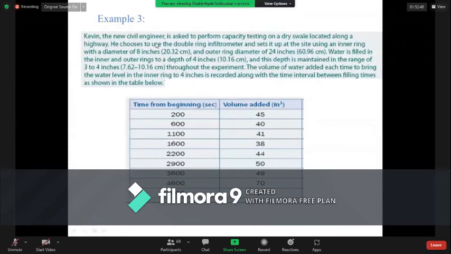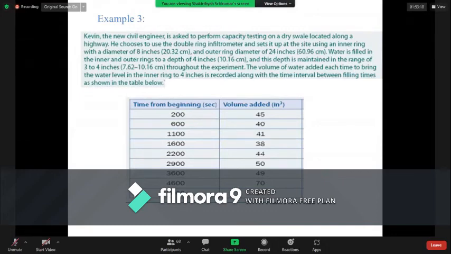Kevin, the new civil engineer, is asked to perform capacity testing on a dry soil located along a highway. He chooses to use the double ring infiltrometer and sets it up at the site using an inner ring with a diameter of 8 inches and an outer ring diameter of 24 inches. Water is filled in the inner ring and outer ring to a particular depth of 4 inches.